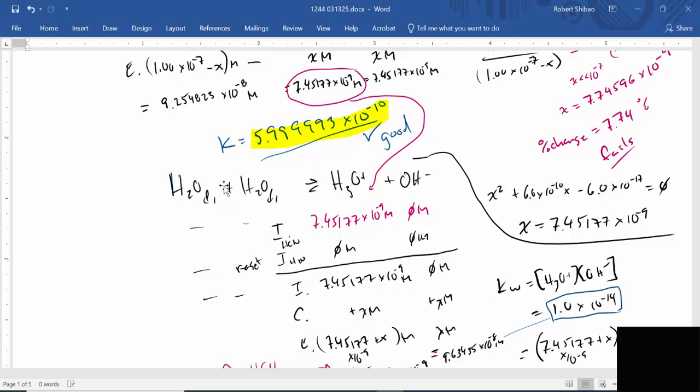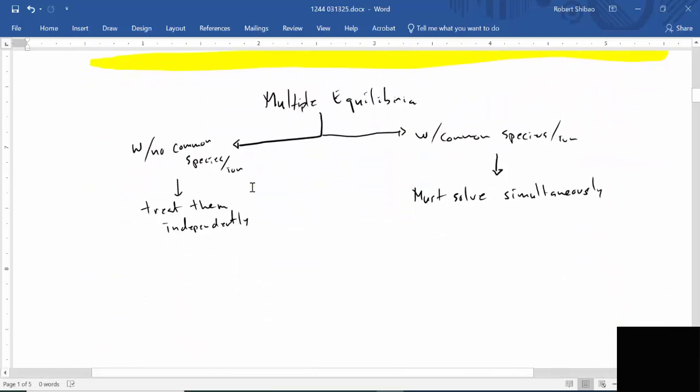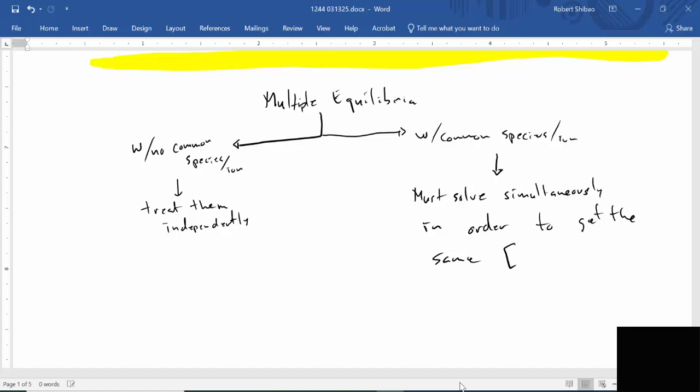We've escaped the circle of death. You must solve simultaneously in order to get the same equilibrium concentration for the common species.